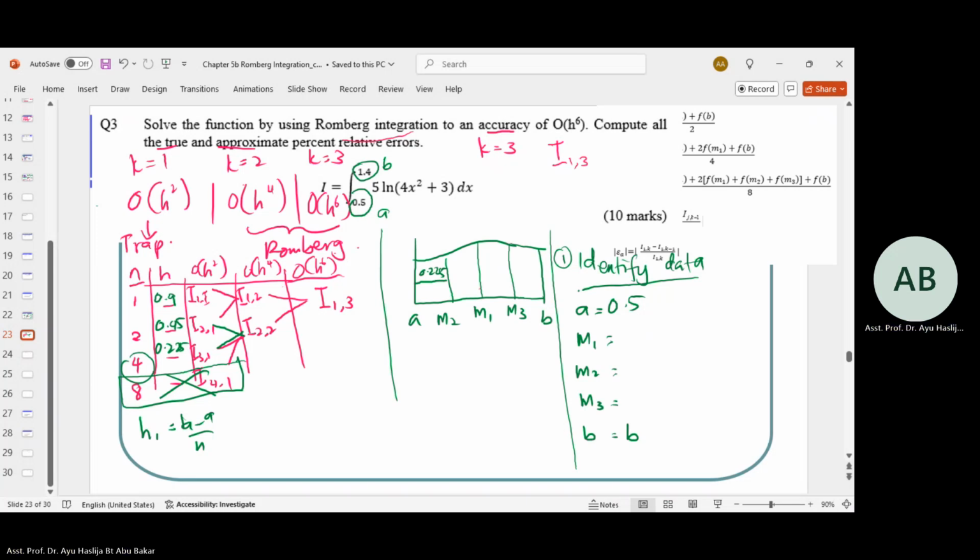So your M1, what is your M1? A is 0.5, B is 1.4.